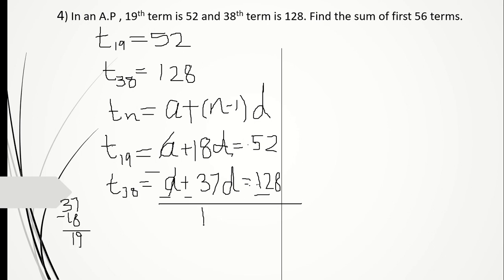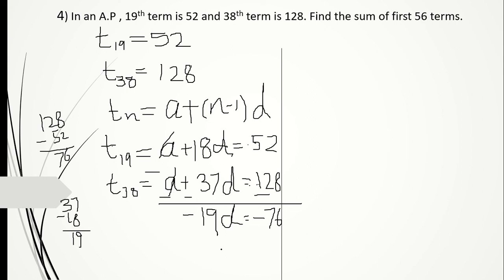So this is minus 19d, because the greater number sign is minus, equal to 52 minus 128. Subtract and you get minus 76.